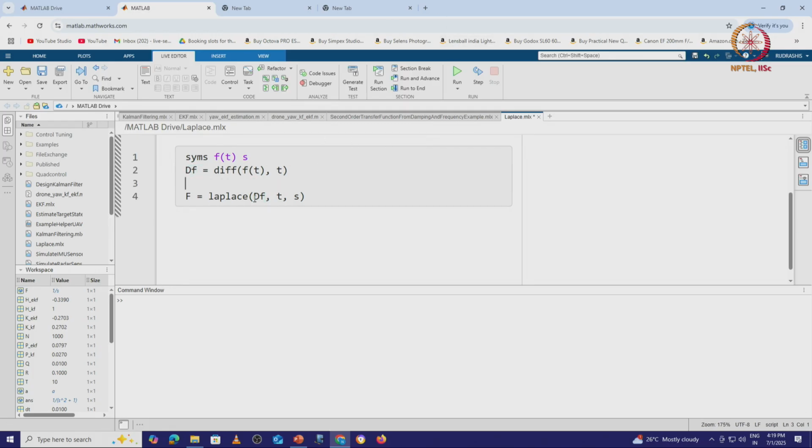So, it is the Laplace transform of the derivative of f with respect to time, or the Laplace transform of f dot t. Since we do not know what the function f is going to be, it is not written for a specific function. For any function it is true. It will come as F equal to s F(s) minus f(0), right.